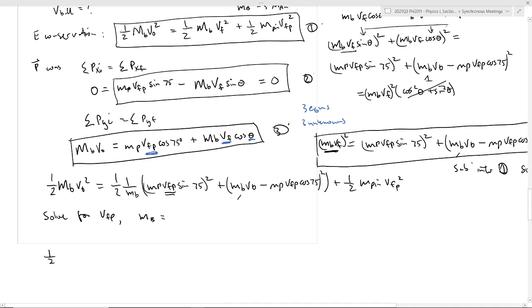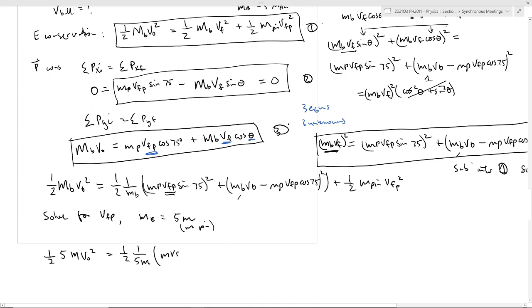So 1/2 times 5 times the mass, V0 squared is going to equal 1/2, where little m is the mass of the pin. So 1/5 m.